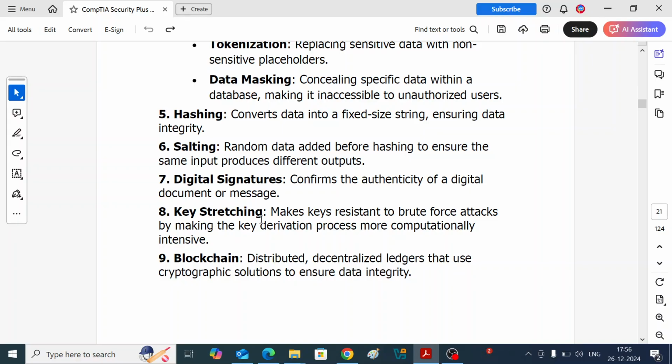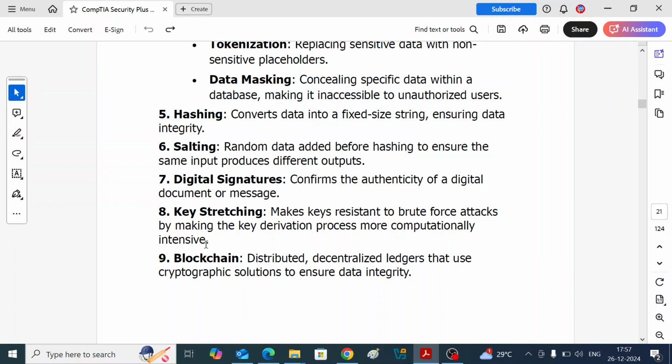Key stretching makes keys resistant to brute force attacks by making the key derivation process more computationally intensive. You might have heard about brute force attacks. Say for example, I am trying to get into your system by breaking your system password, and I'm trying all the possible combinations.